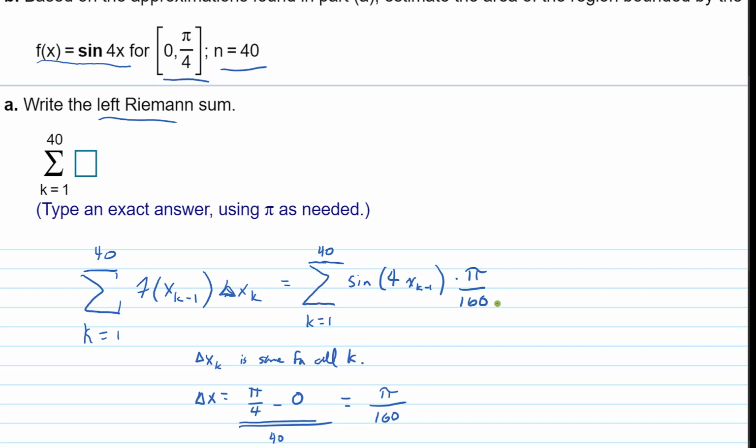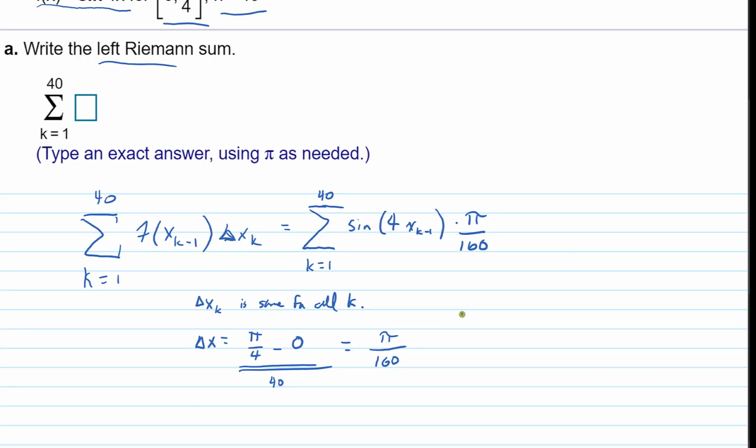Okay, well, we can take this one step further, because although I'm not going to list out my partition, here is my partition. We start at 0, and then it's 0 plus 1 pi over 160.